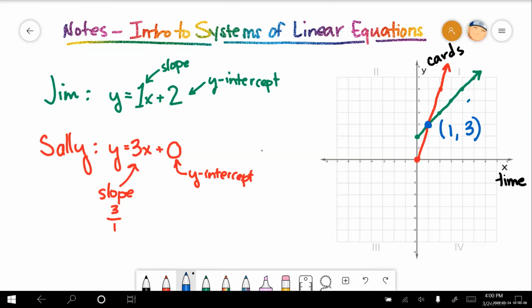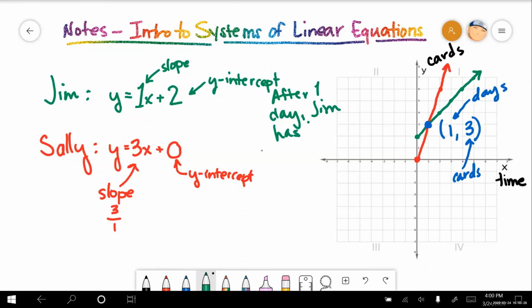And what does (1, 3) mean? If you recall, 1 is days, and 3 is cards. So what does that mean? Well, for Jim, that means after 1 day, Jim has 3 cards. What does that mean for Sally?